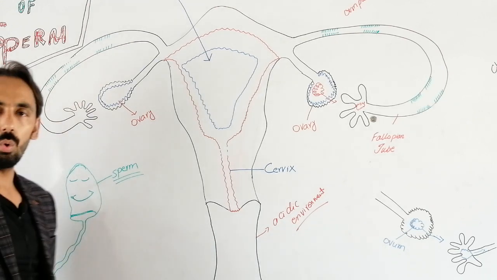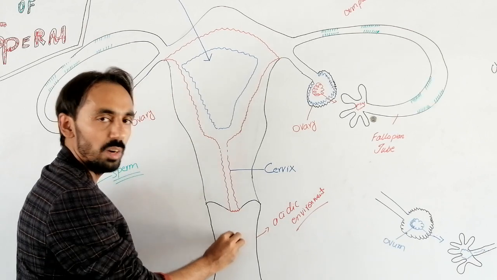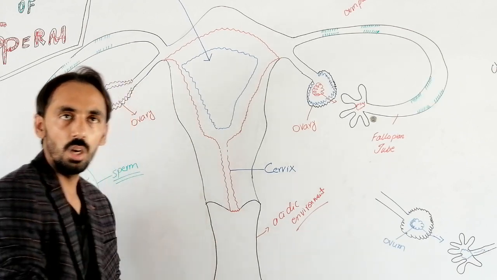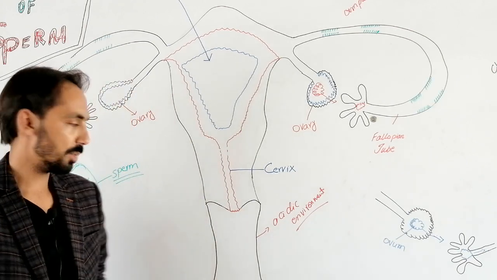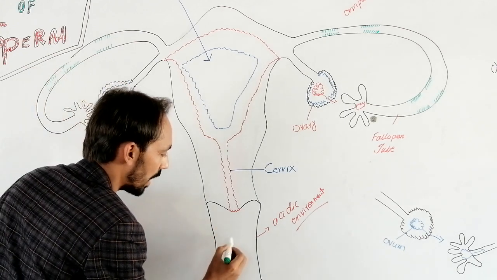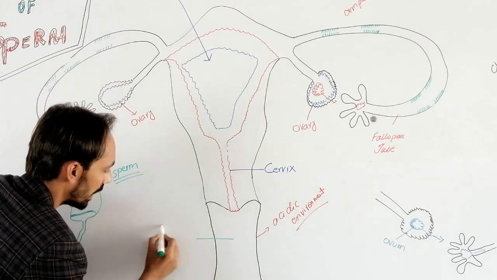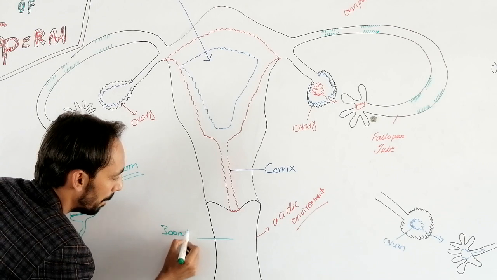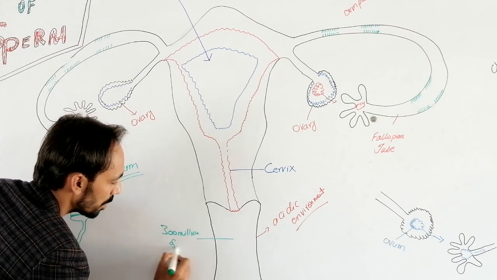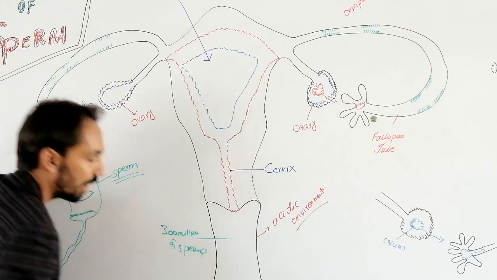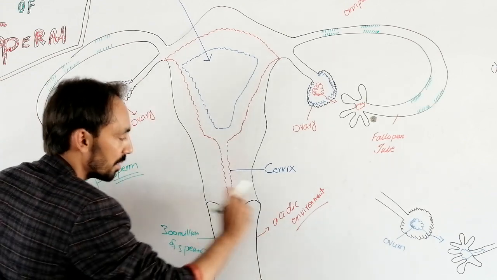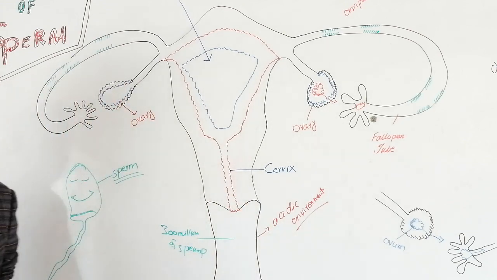After sexual intercourse, around 300 million sperms are released only in this part of the vagina, which is the anterior most part of the vagina of the female reproductive system.